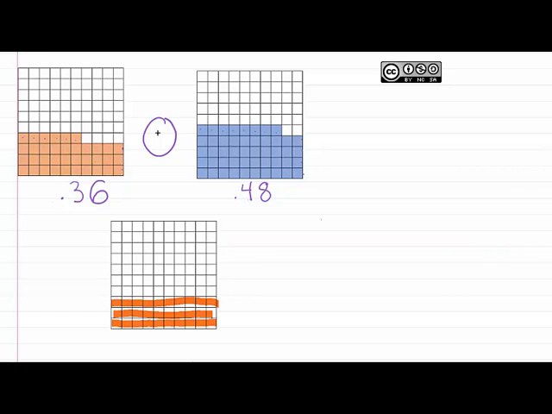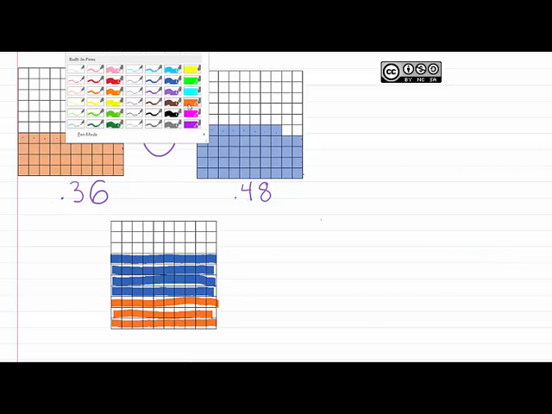And over here, I have 4 rows completely filled in. So I'm going to want to have 4 rows completely filled in my new drawing. 1, 2, 3, 4.